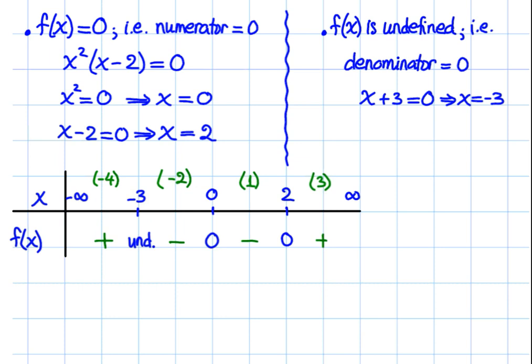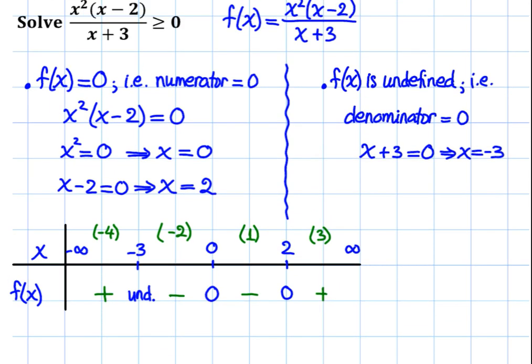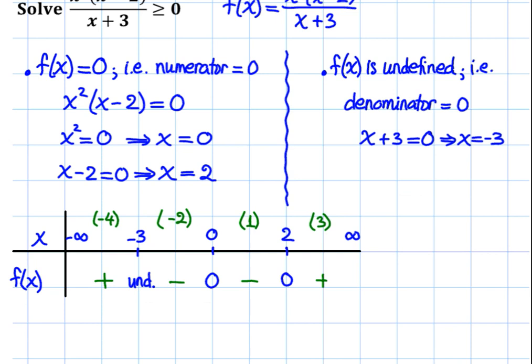Now we'll go back to our problem. Our problem, we have greater than or equal to, meaning that it's going to be equal to 0 or positive. So on the sign chart, we're going to choose equal to 0 and positive. Equal to 0, we have this point, and equal to 0 also at x equals 2.